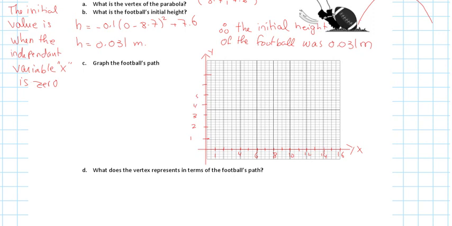So I know that my vertex is at 8.7 and 7.6. So I'm gonna put 8.7, that's about here, and 7.6 is about here. So this is where my vertex is approximately.